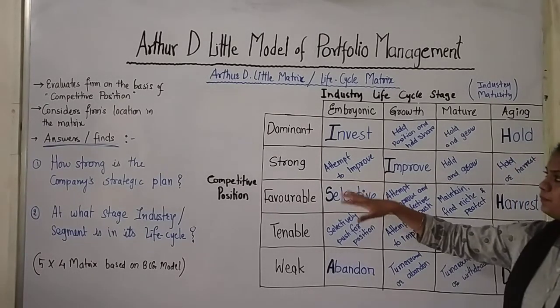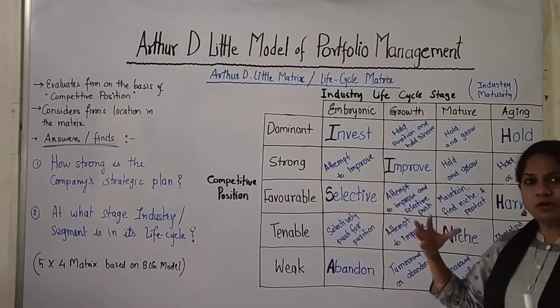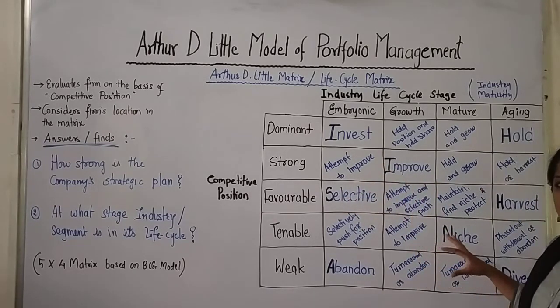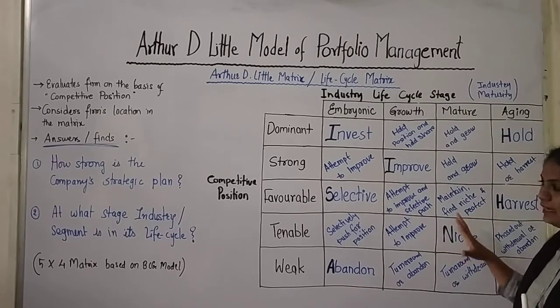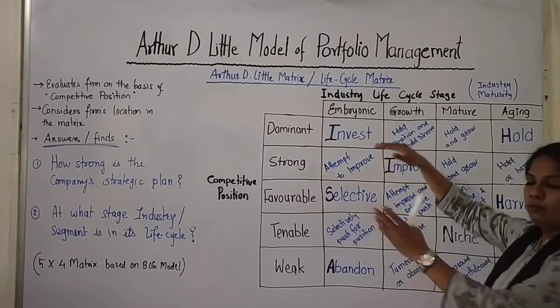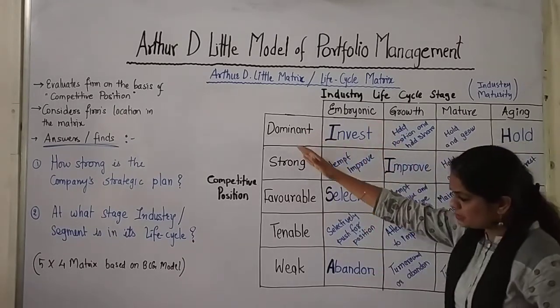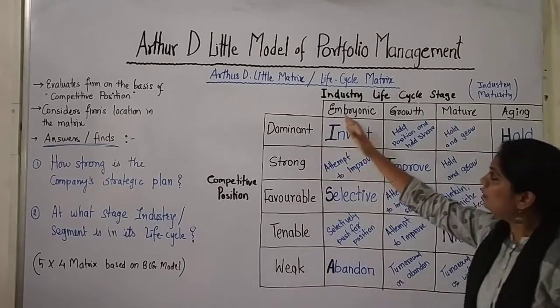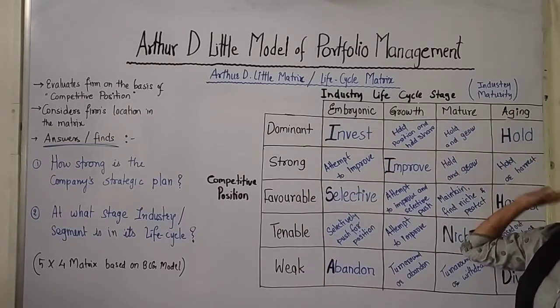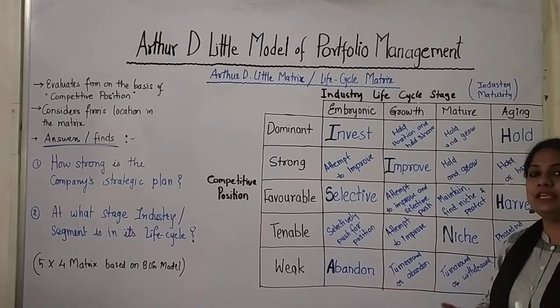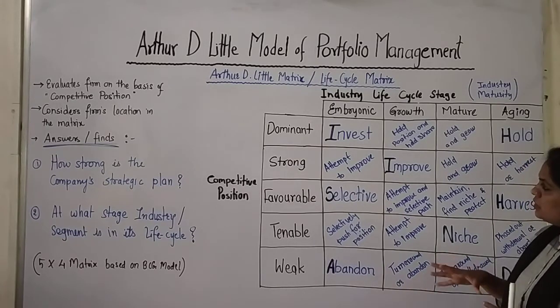The next is strong. I am not going to explain all these combinations in great detail, but you can understand that as we move ahead from dominant to weak and from embryonic to aging stage, our decisions will keep on changing.